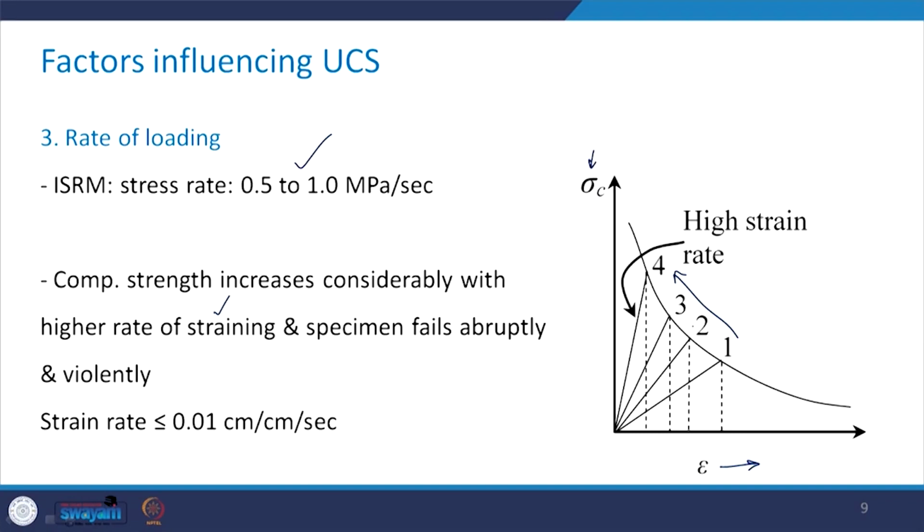You can see that when the specimen is subjected to a larger strain rate, the slope of this curve is steep, and when it is steep, the failure is going to be abrupt and violent. Therefore, it has been recommended that the strain rate must be less than or equal to 0.01 centimeter per second in the lab.